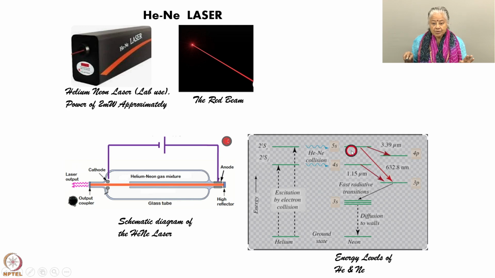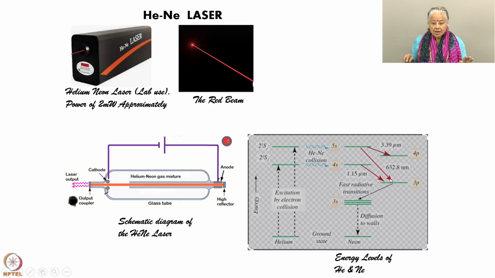So, there is obviously a population difference between this and this. All the ground state atoms have gone up to this 5s. So, here you have a 3p level and it is falling down. So, 632.8 nanometer is the exact wavelength of this red light.